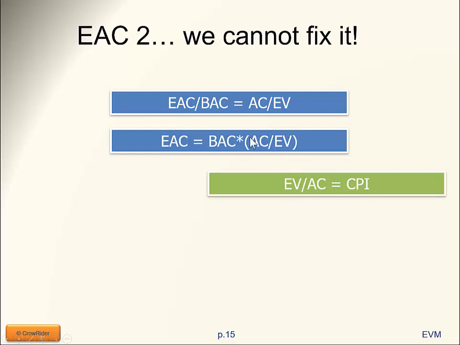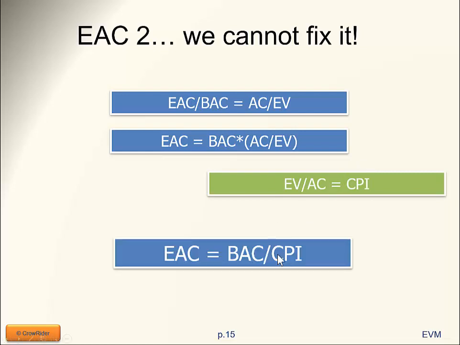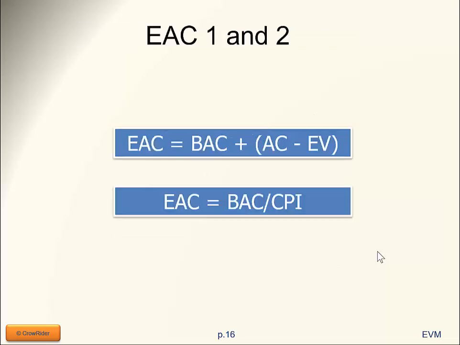So actual cost divided by earned value is nothing but the inverse of the CPI. So let's put the CPI down at the bottom of the equation, right? And we say estimate at completion is equal to the budget at completion divided by the cost performance index. This is the second equation that you need to remember, where essentially the deviation we have today is the same in percentage as the deviation we will have at the end of the project. So these are the two formulas that you need to remember.